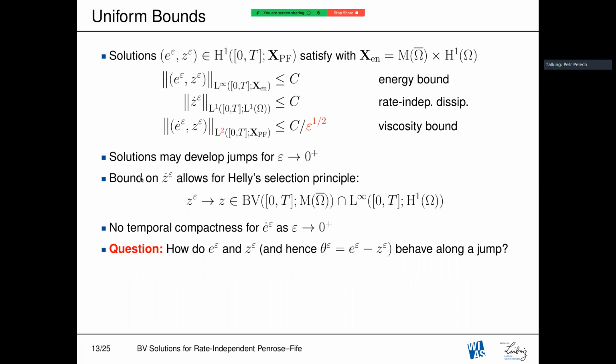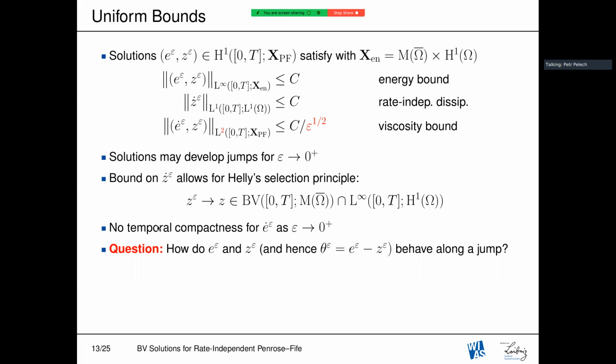This is no problem for the Z component, because this is just the standard rate independent theory. This bound is enough to use some selection principle and to have enough compactness. So here Z stands for a candidate that can describe the effective behavior of the system, but this we have only for the Z component.